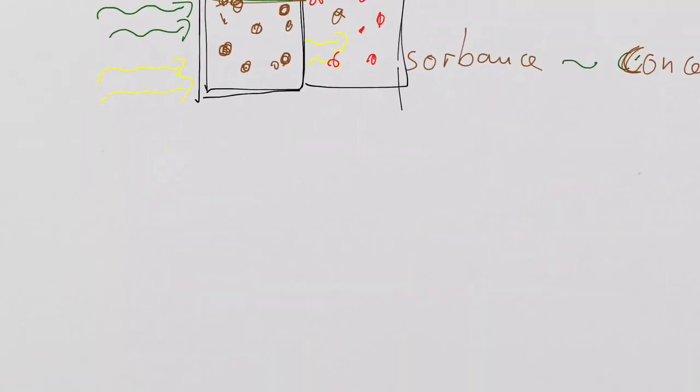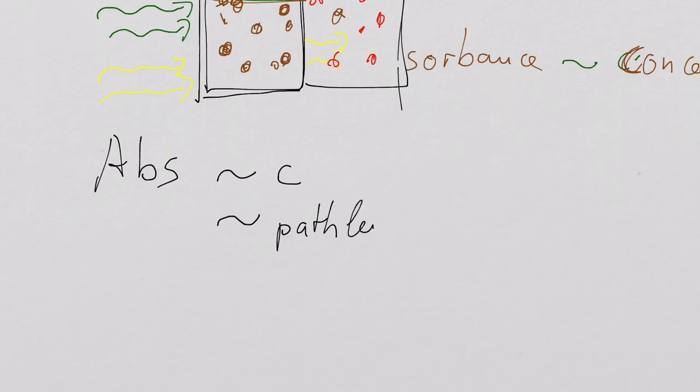So what we can do is write absorbance, very often abbreviated as ABS, is dependent on the concentration of a substance, and it is also dependent on what is called the path length. The longer the path length, the more of the light is absorbed, right?